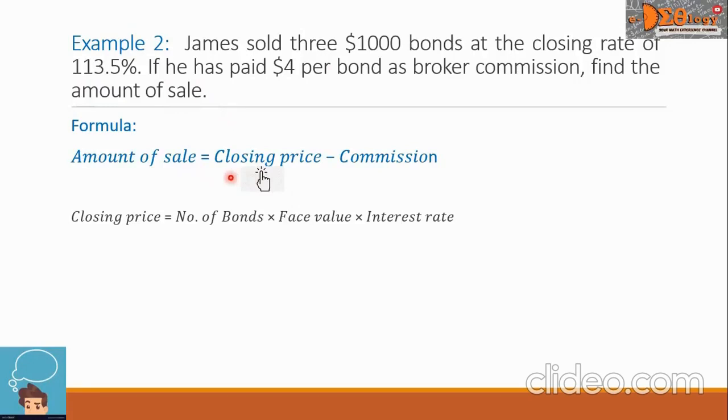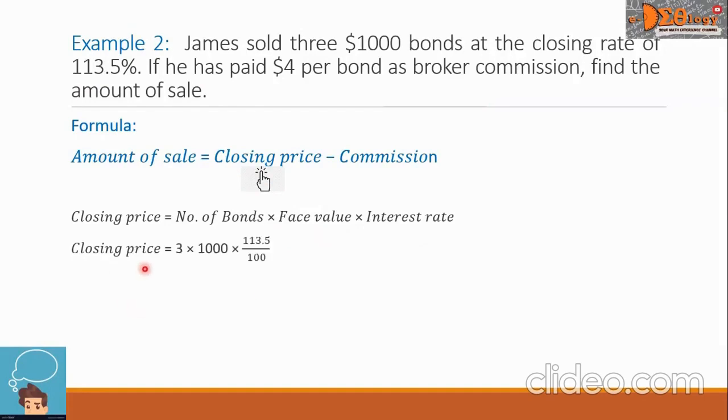Let us write now the formula for the closing price, and that is the number of bonds times face value times the interest rate. Let us collect the given from the problem and substitute in here respectively.